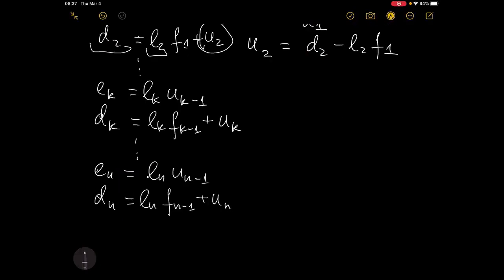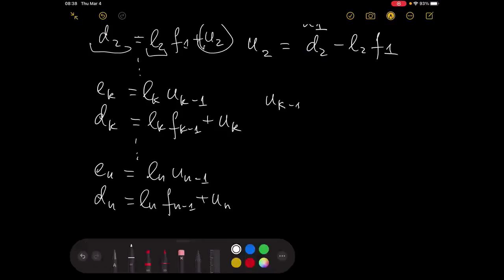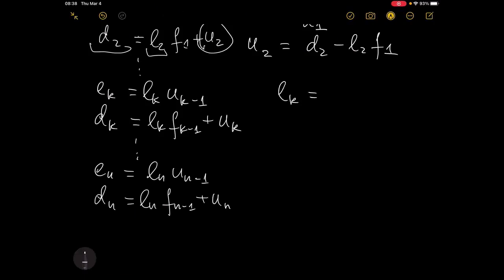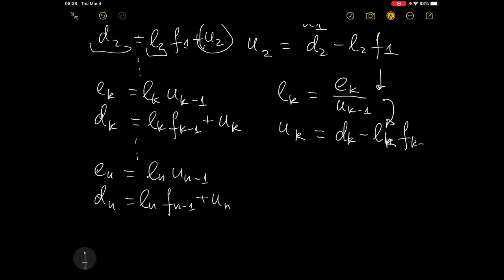So here it is the same. So LK equals EK divided by UK minus 1, which we computed previously. And correspondingly, UK will be obtained as DK minus LK from here, multiplied by FK minus 1.